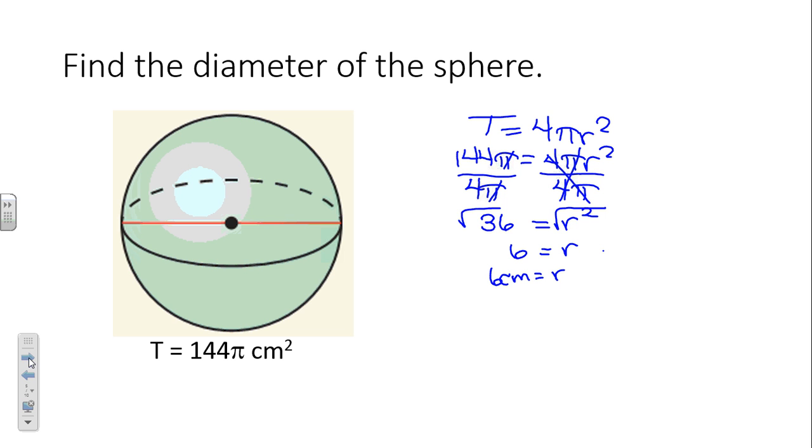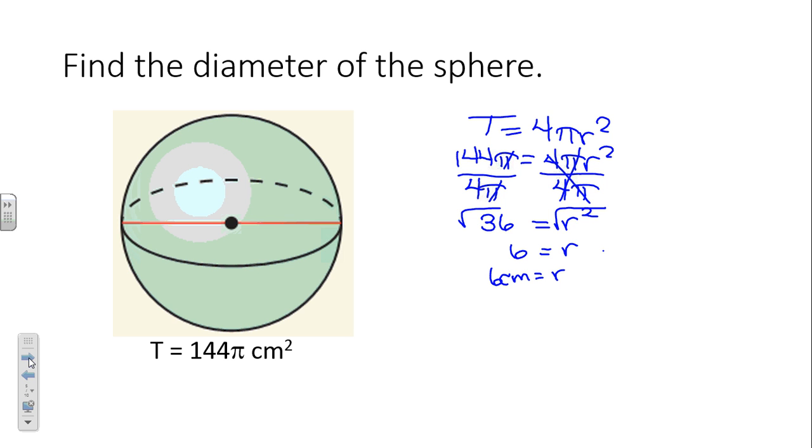It's just a matter of plugging things in and then simplifying, solving further. Just plain old centimeters now because it's a radius. It was square centimeters, and we took the square root of 36 square centimeters. Okay. What questions do you have on this slide?